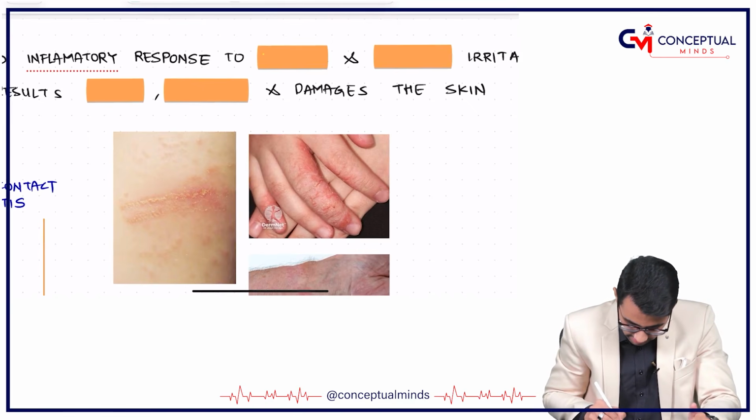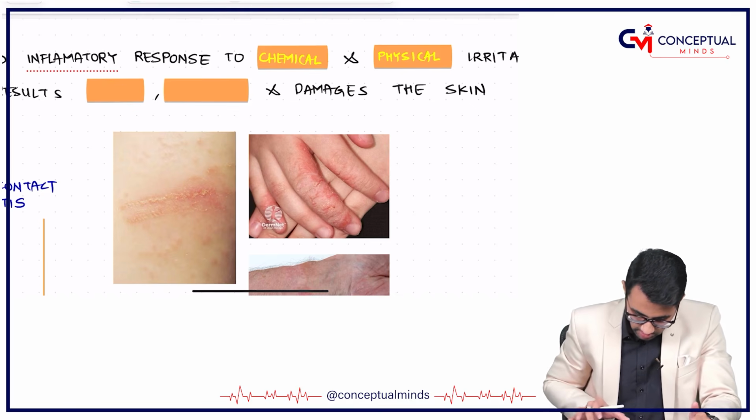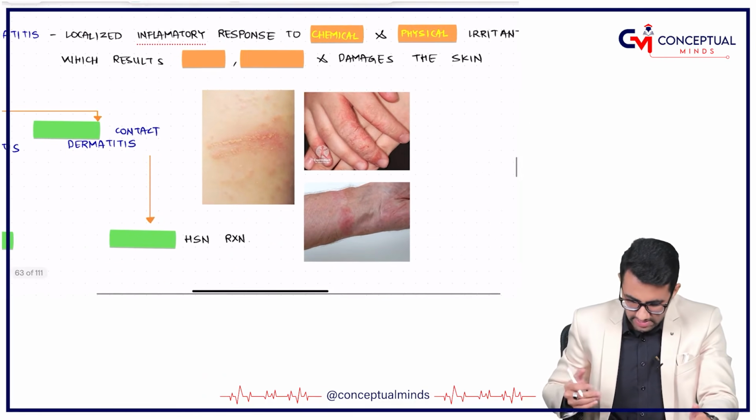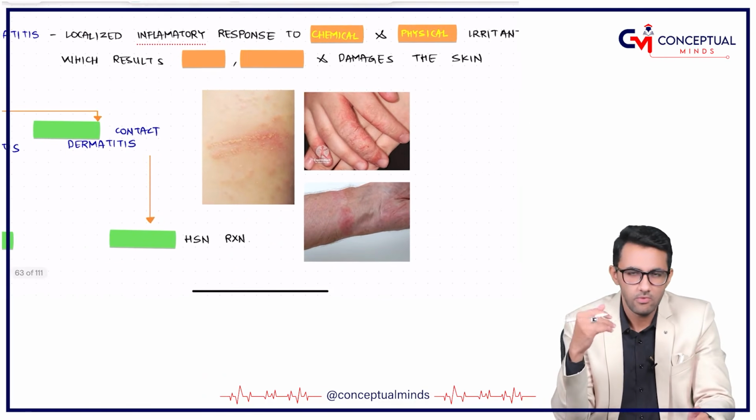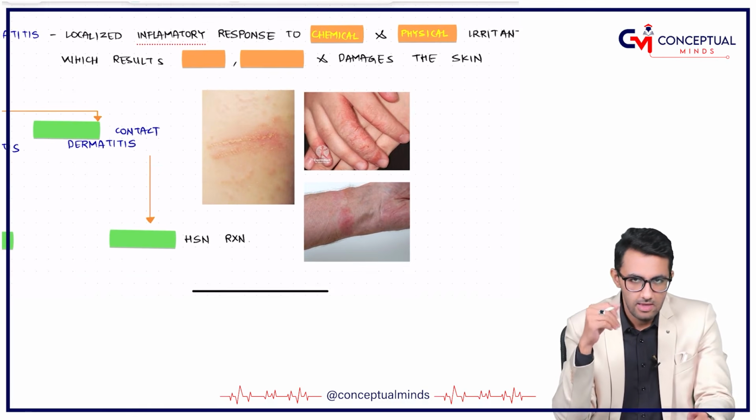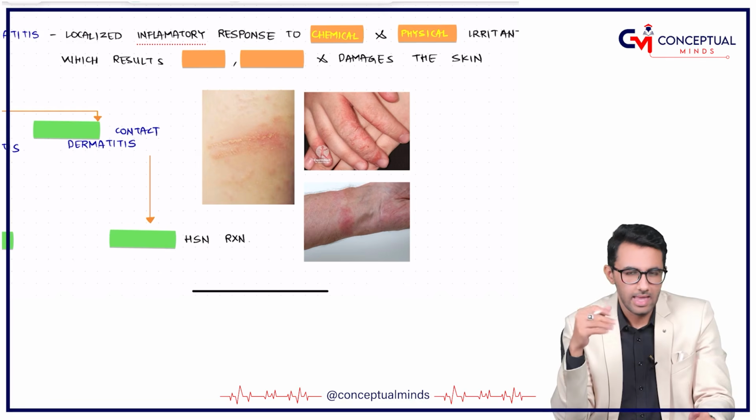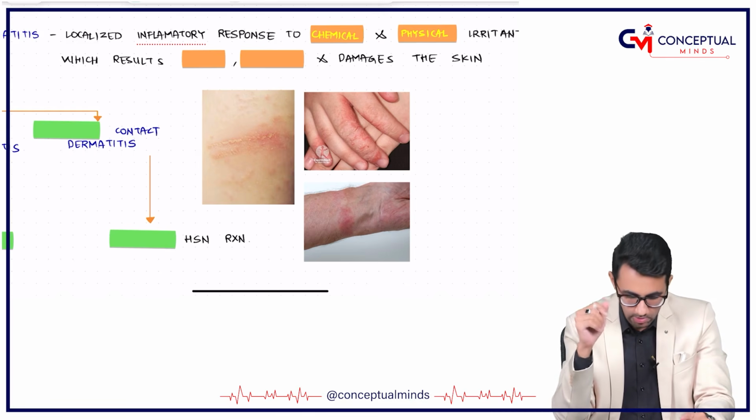It could be chemical or any physical irritant. And what does it result in? As you can see in the images, how would you describe them? Even in our introduction topic, we were talking extensively about how to describe images. So how would you say that?